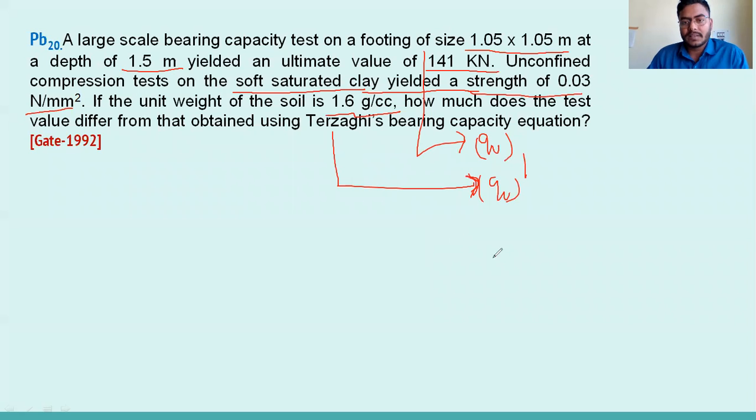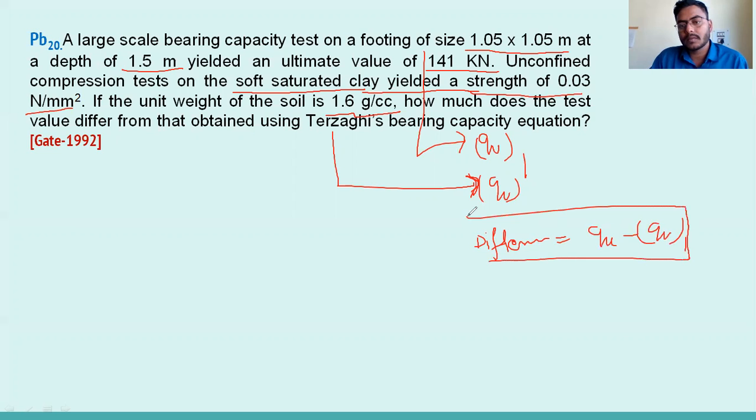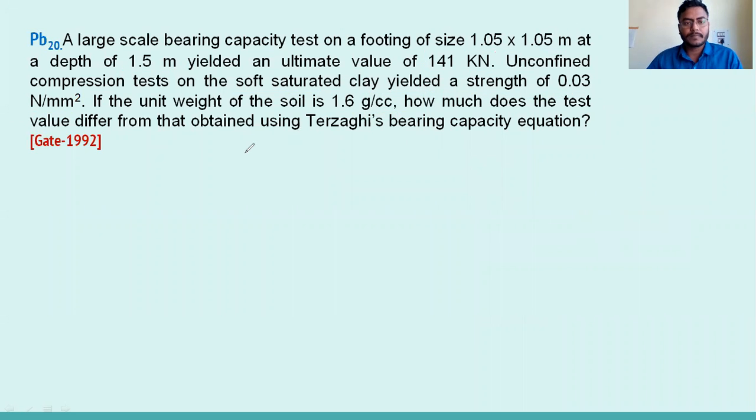The difference we can write as qu minus qu1. I think you got the question, right? So first calculate the bearing capacity we got from the bearing capacity test, and then calculate the ultimate bearing capacity from the Terzaghi theory, and then take the difference. Are you getting my point?